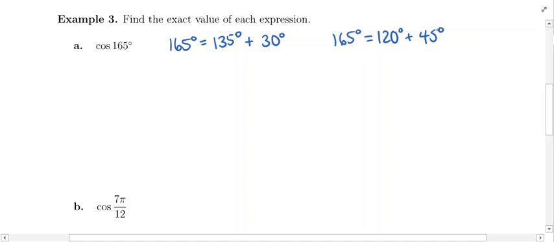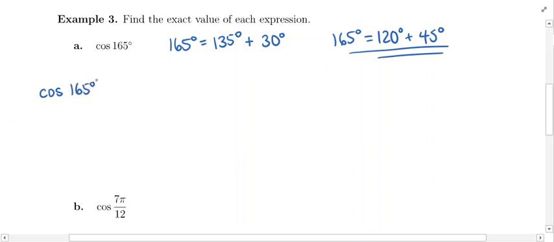So you want to find two angles on the unit circle that you either add up or subtract to get positive 165. I don't know, just pick a pair. I think I'm going to use 120 plus 45, but you could use the 135 plus 30. So here we go. I want to compute the cosine of 165 degrees.